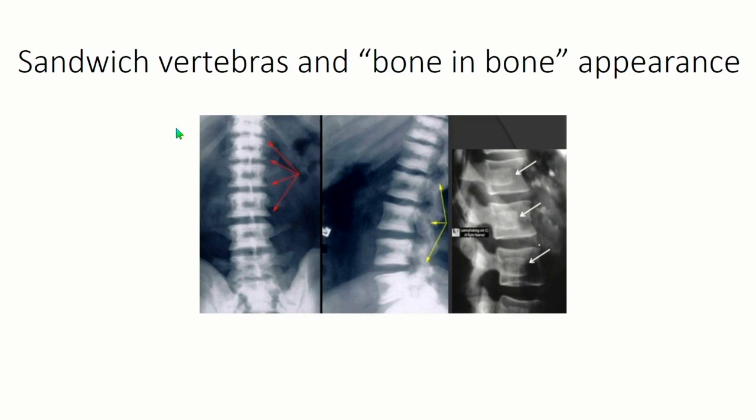And the vertebrae are very characteristic because they are called sandwich vertebrae for the thickening of the end plates that you should see here. And also there is what is called bone-in-bone appearance, is clear here. There is a kind of miniature bone inside the bone itself. So nobody knows why this happens, but it's very characteristic of osteopetrosis.